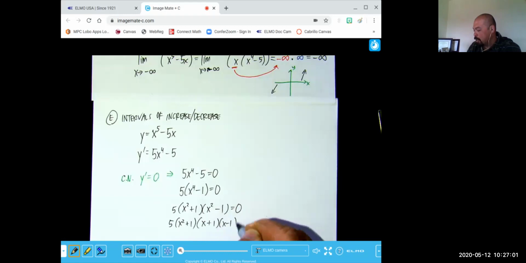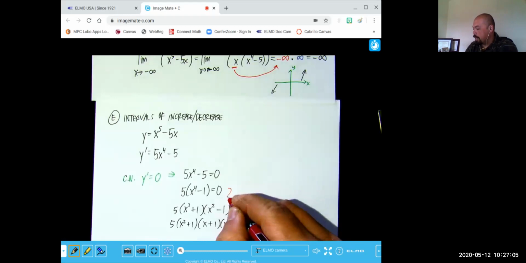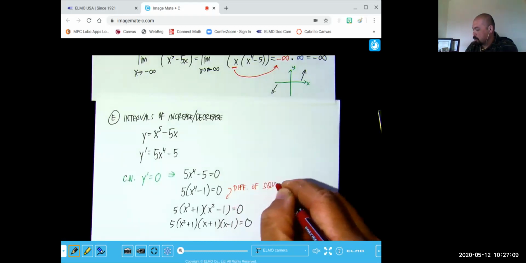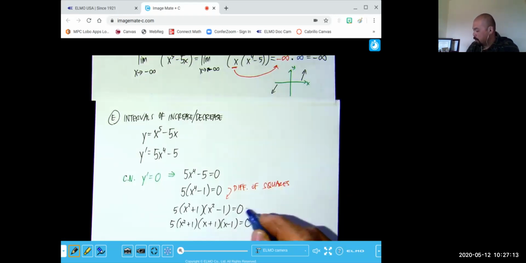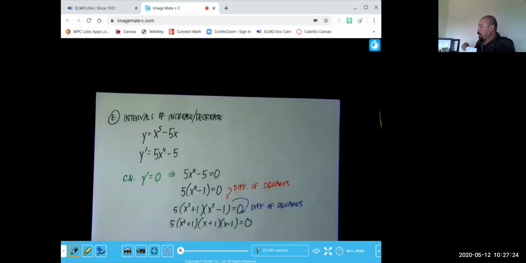So another difference of squares routine to factor. Okay, then once more. Right, so laying out that work, let me move this step out of the way.